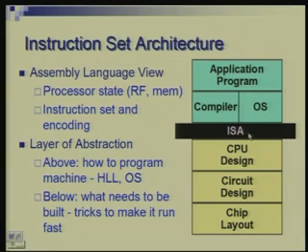Below the ISA level you have the broad CPU design, then at a lower level you have circuit design. Okay. And for fabricating the circuit, for physically realizing this, you need to have a layout, where you need to worry about where you place a transistor, where you place a wire, how you interconnect them, and so on. So it's not just a network, but a physical dimension, a physical manifestation is assigned to these components.